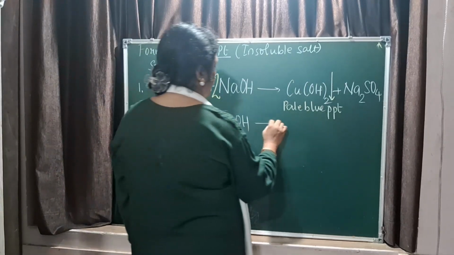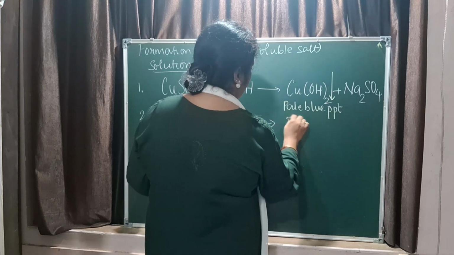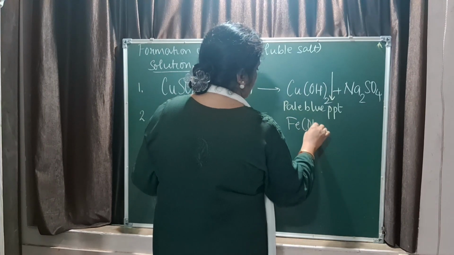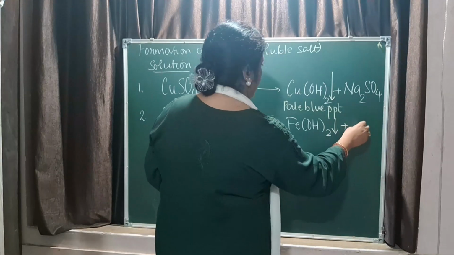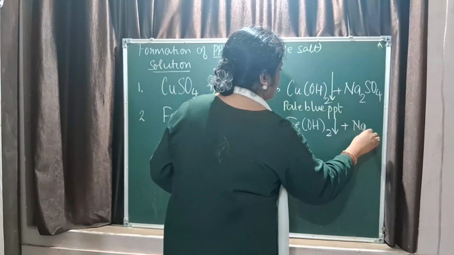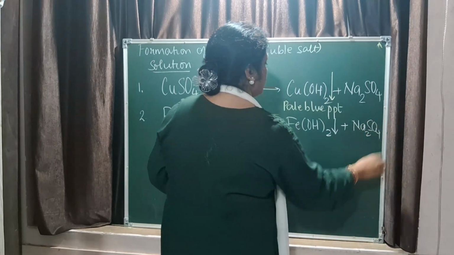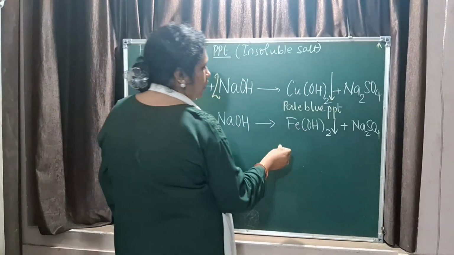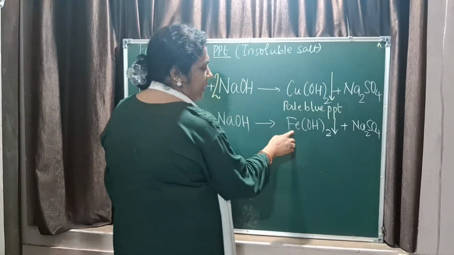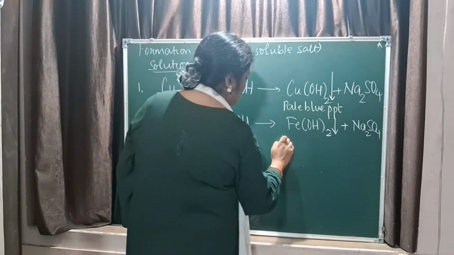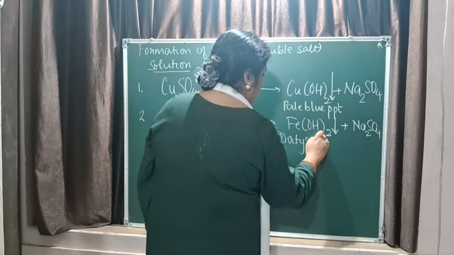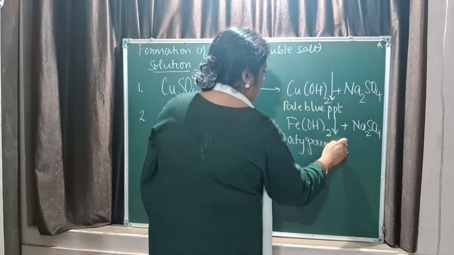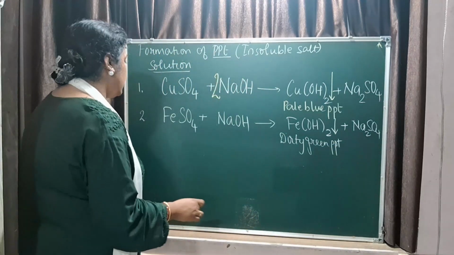So here what is the thing formed? Fe, valency is 2 here, so Fe(OH)2, it is a precipitate, and sodium sulfate is a soluble salt because it is a salt of sodium. Now Fe(OH)2, this is a ferrous iron, so it will be a dirty green precipitate. You have to know the color, children, dirty green precipitate, okay.